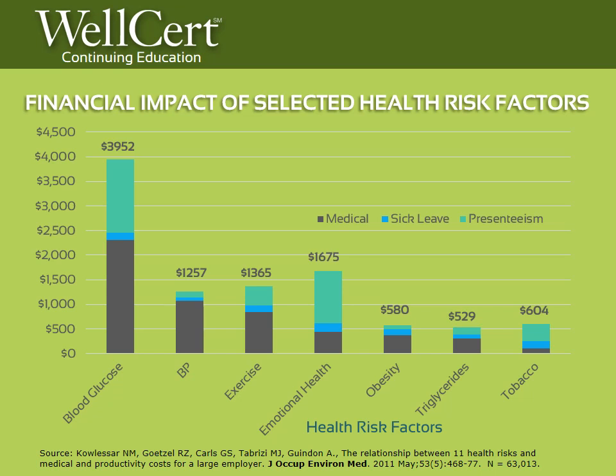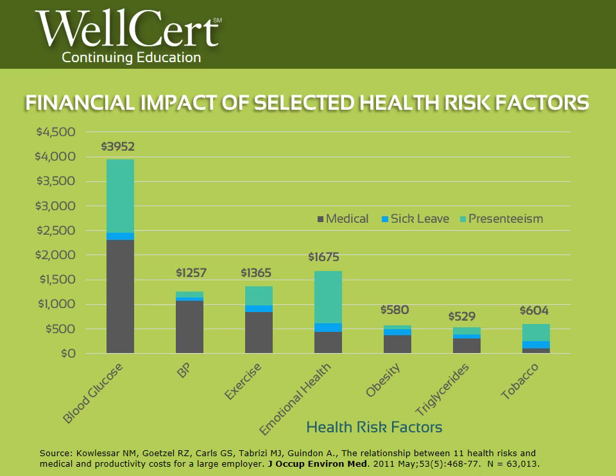They in fact experience a $1,675 increased cost per year compared to someone who does not have that particular risk factor. And then obesity, if they're reporting, I believe the threshold here is a BMI over 30, we're looking at a $580 increase in cost per year for that individual.